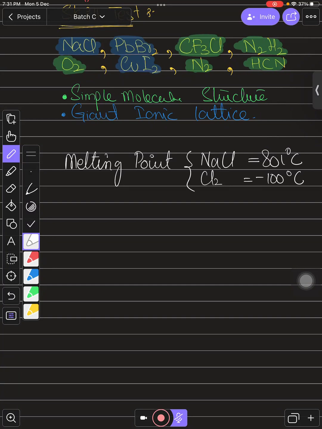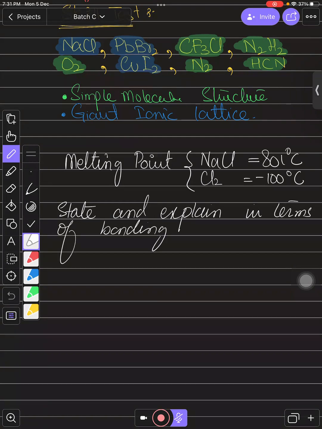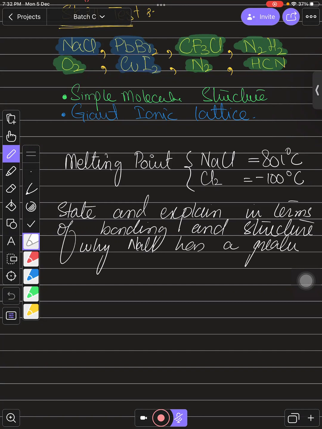And the question is: state and explain, in terms of bonding and structure, why NaCl has a greater melting point than chlorine.